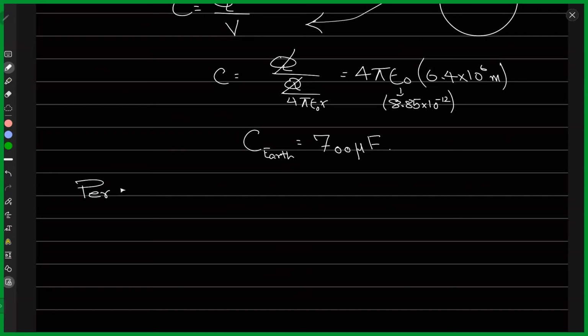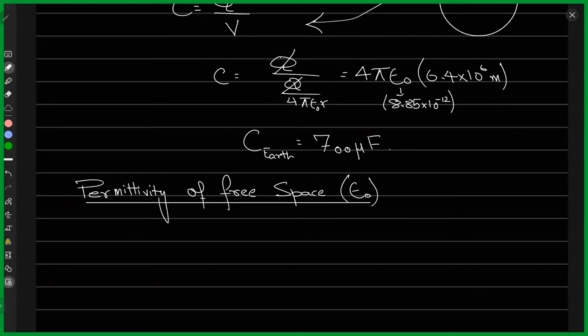I don't know the spelling of permittivity. And it's denoted by this symbol. It's called epsilon, and this little o is a naught, epsilon naught. Let me write the definition.